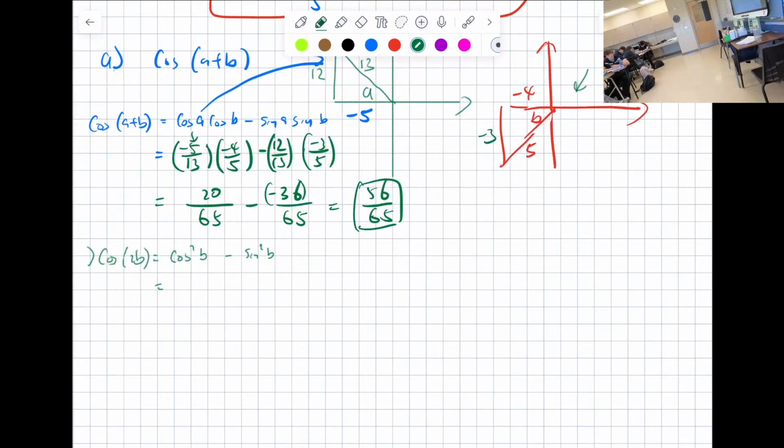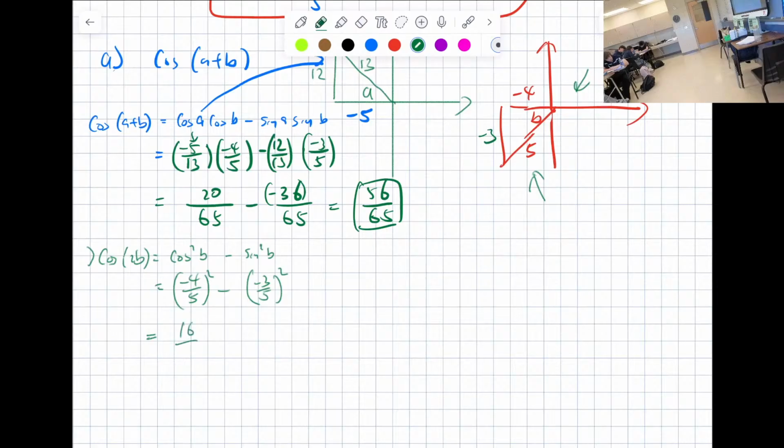So for B, we're going to look at the B angle. What is cosine of B? Negative 4 over 5, squared, the whole thing squared. What's sine of B? It's B, not A. Negative 3 over 5, squared.